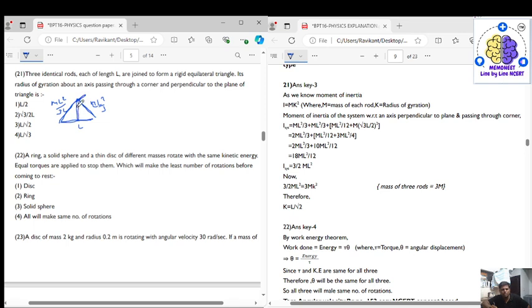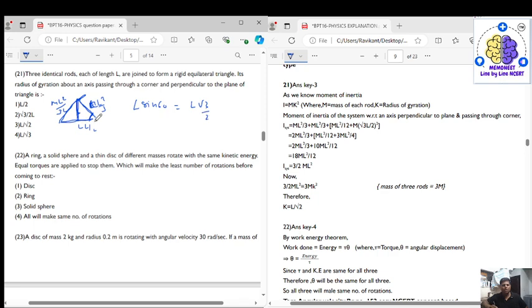Now this distance will be root 3 by 2 L. By simple trigonometry, we can calculate, this is 60 degrees, this is L by 2. If this is L and this is 60 degrees, this will be equal to L sine 60, which is equal to L root 3 by 2.